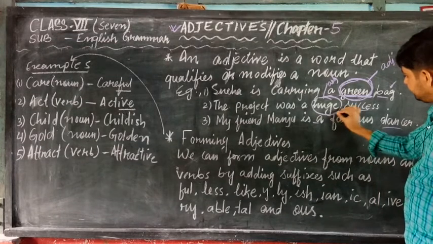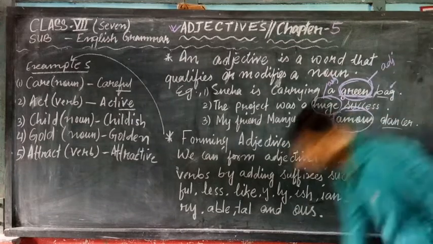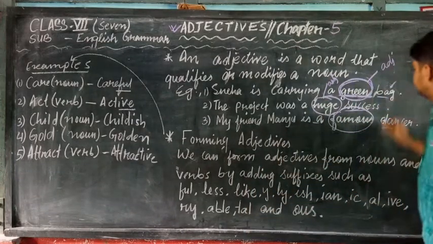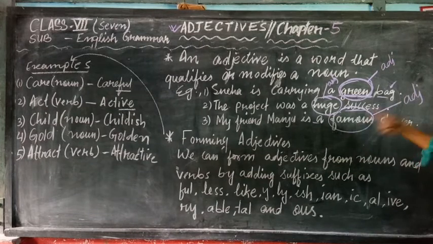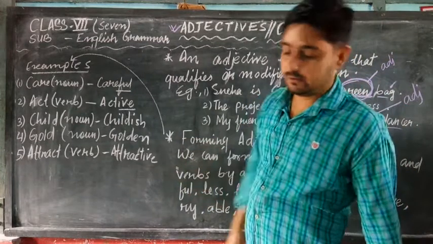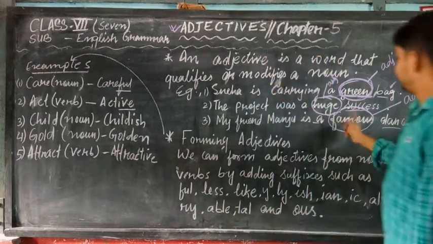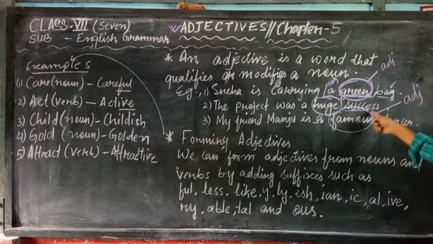Famous is qualifying the noun dancer. This is an adjective. An adjective is a word which tells something about a noun or a pronoun. Huge is telling something about the success. Green is telling something about the bag.